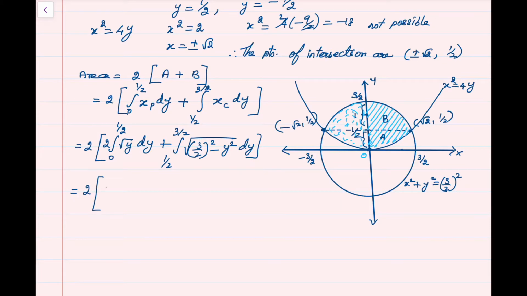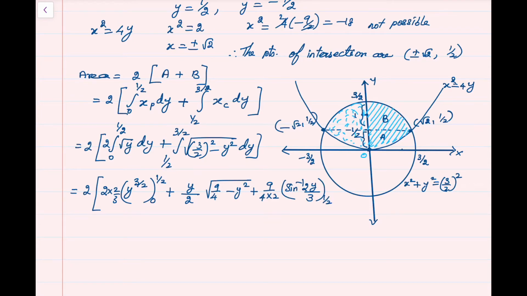2 times 2 into integral of y power half is y power 3 by 2 into 2 by 3, and the limits are 0 to half, and this formula is y by 2 root of 9 by 4 minus y square plus a square by 2. A square is 3 by 2 the whole square, which is 9 by 4, and the formula has divided by 2 sine inverse of y divided by 3 by 2, and the limits are half to 3 by 2.